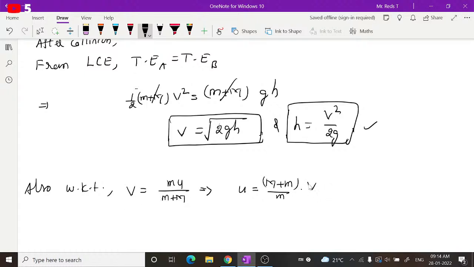So here this v can be expressed in terms of height, and hence you can get u in terms of h. So it is equal to (small m plus capital M) by small m into v, where v is square root of 2gh.